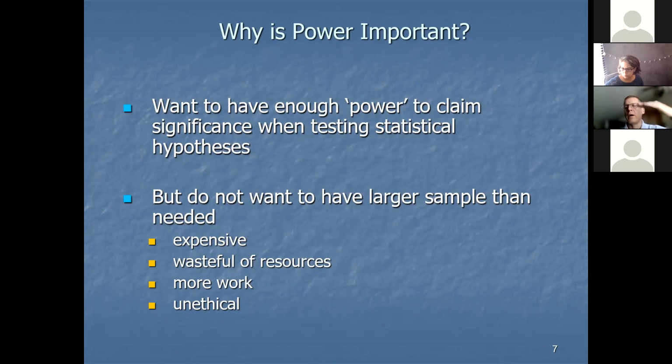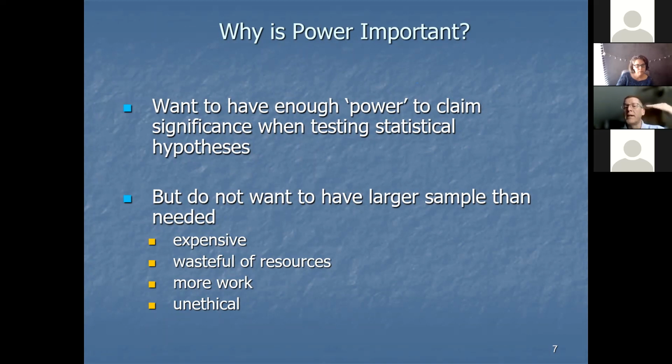So in other words, it gives us that sweet spot where we have a big enough sample size, but we don't have too big of a sample size. And why wouldn't we want to have a larger than necessary sample size? Well, a lot of times when we're collecting data, it's expensive. It takes resources, it creates work, and there are ethical considerations involved as well.